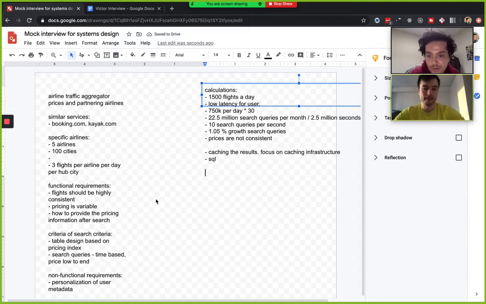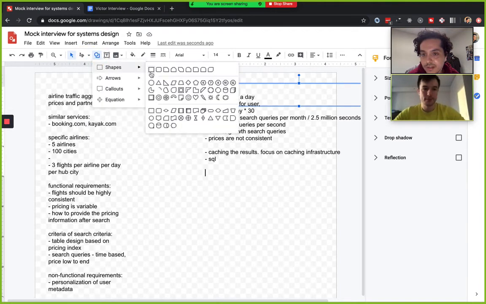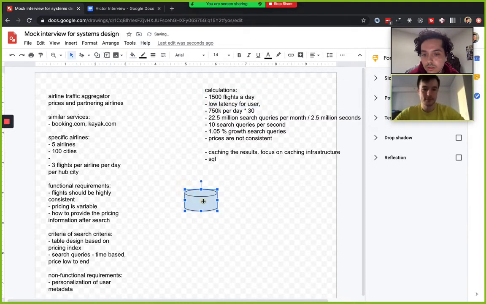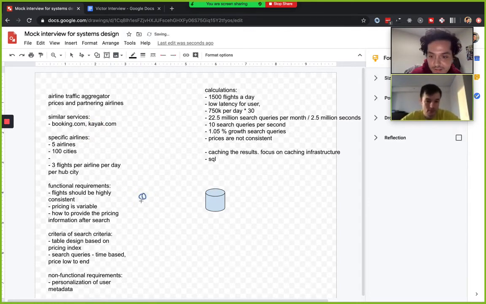So overall, let me go to draw, and we'll just have this on standby too. Sorry, this is a little difficult to draw on. So what we have first is essentially our client right here, and that's going to be going to our application layer.